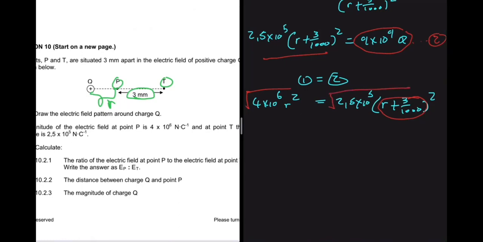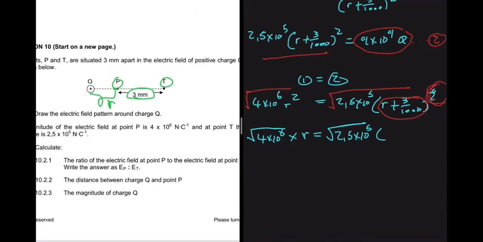If we do that, we're gonna get the square root of 4 times 10 to the power of 6 multiplied by, instead of r squared, now we just have r, right? And then on the right hand side, we're going to have the square root of 2.5 times 10 to the power of 5. And then instead, this square here that I'm circling right now is going to fall off, right?